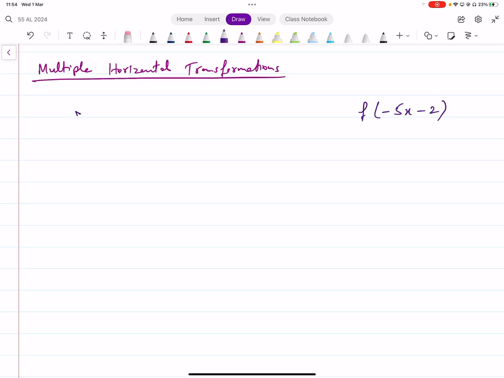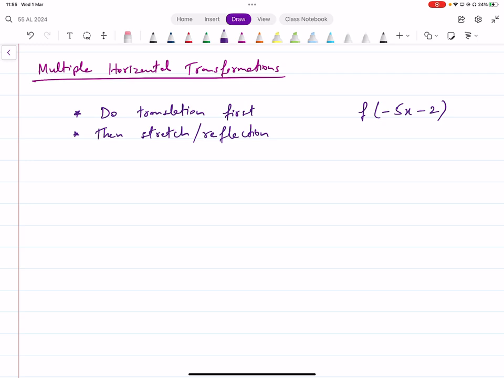क्या करें? Do translation first, right? So उल्टा होता है, बस इसको उल्टा कर दें. Do translation first. Horizontal में it works the other way around. Do translation first, and then do stretch or reflection, because it's horizontal.